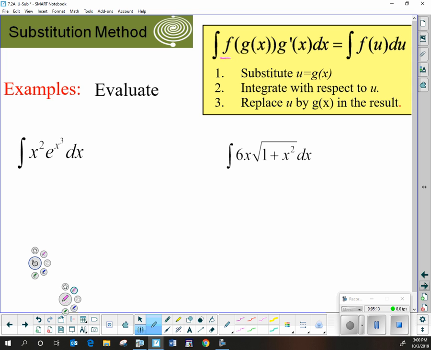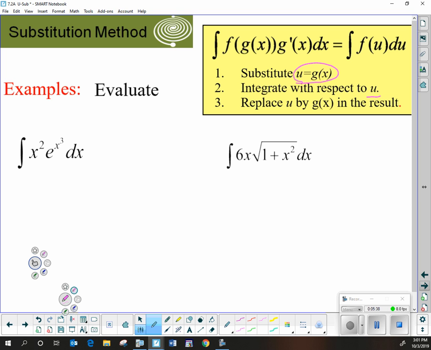So here was my original function, and somewhere present I need the derivative of a piece of that original function. So that's what I'm looking for, is an original function as well as a derivative present. That derivative piece is what we're going to set our u to be, and we'll integrate with respect to u.